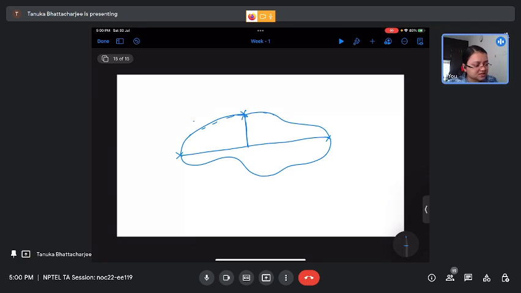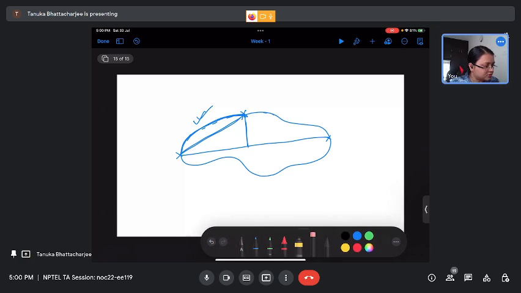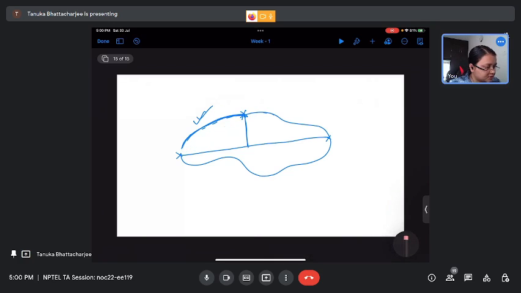Now if you consider this particular portion and take the distance here, you can see there is not much variation; it has almost become a straight line. It's because I didn't draw it correctly, so let me redraw.